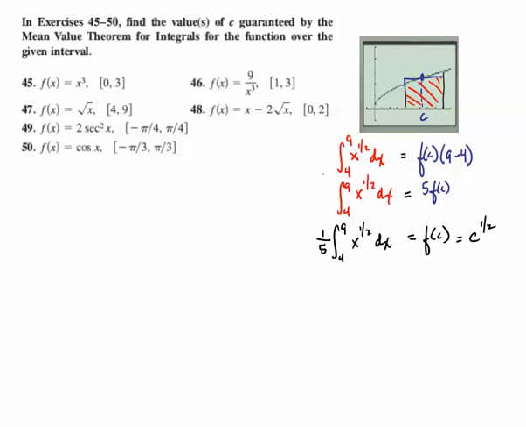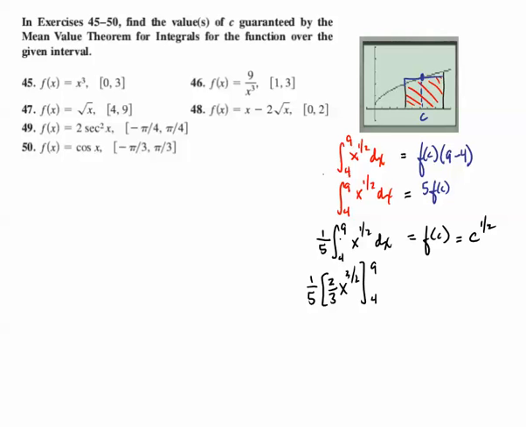So that's what we're going to do. First of all, we're going to find the antiderivative. The antiderivative of x to the 1/2 is x to the 3/2 divided by 3/2, so that's 2/3 x to the 3/2 from 4 to 9.